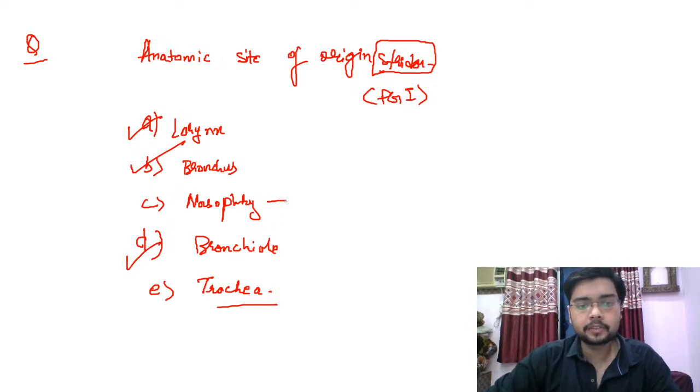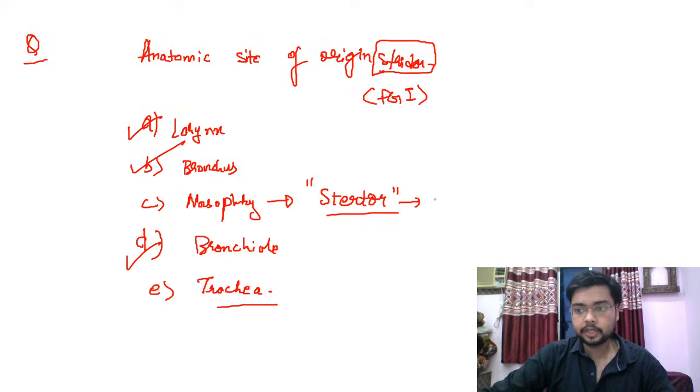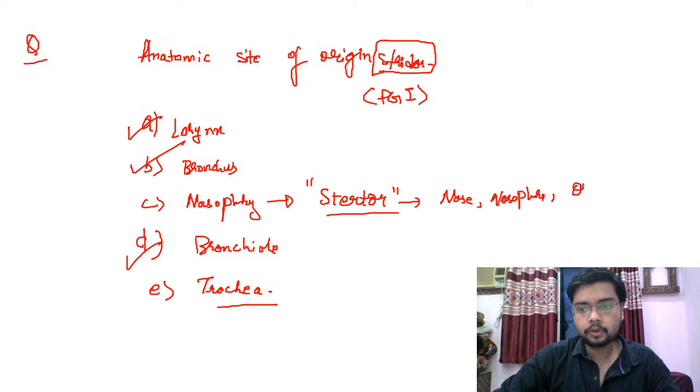Now, why not nasopharynx? Because with obstruction in the nasopharynx, the sound that will be produced is called stertor, not stridor but something different called stertor. This type of sound will be produced when there is obstruction at anatomical locations like the nose, nasopharynx, oropharynx, right?